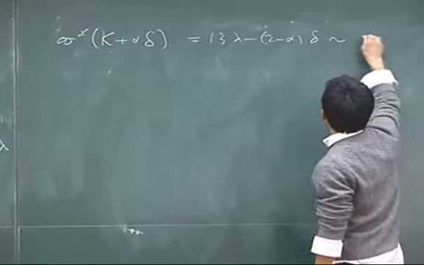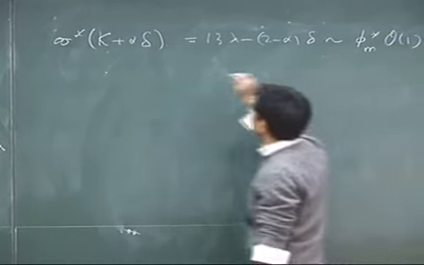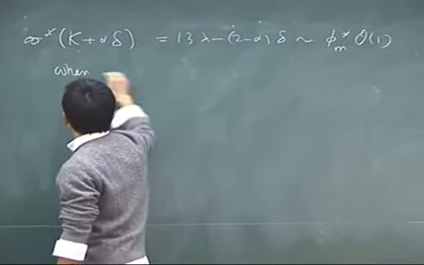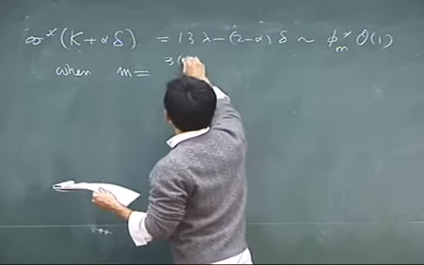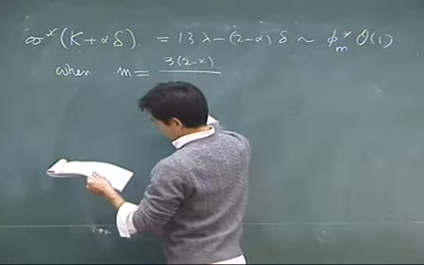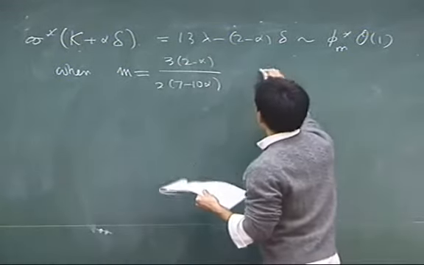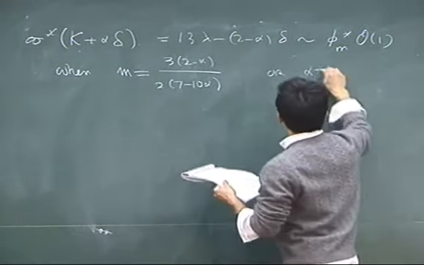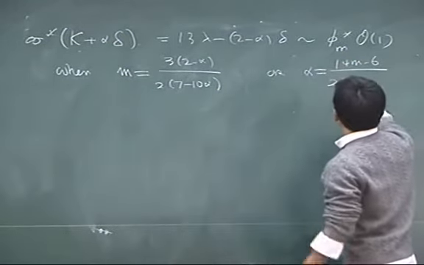And it is actually proportional to this line bundle when m is equal to, let me cheat again, 3(2 minus alpha) over 2(7 minus 10 alpha), or alpha is (14m minus 6)/(20m minus 3).